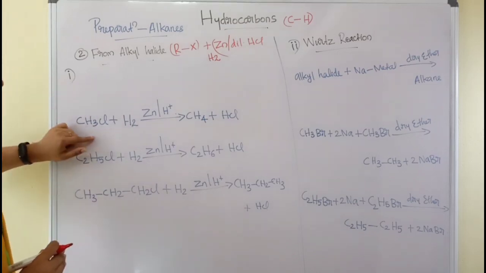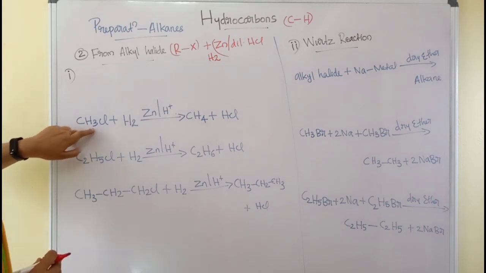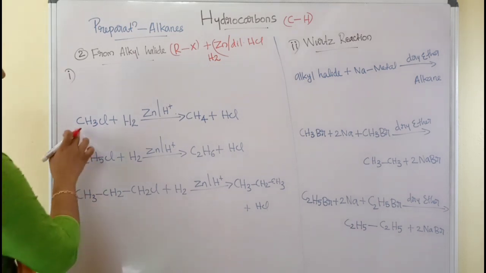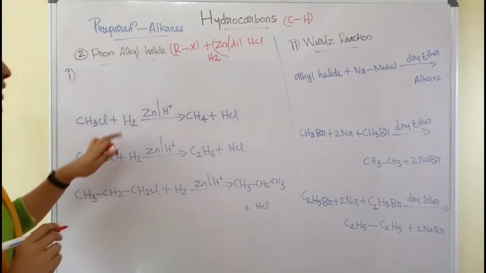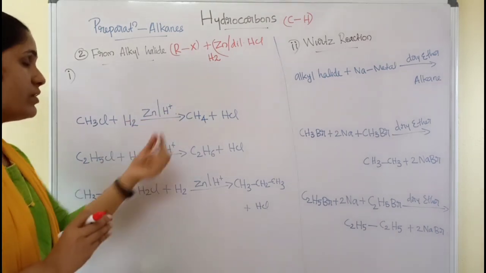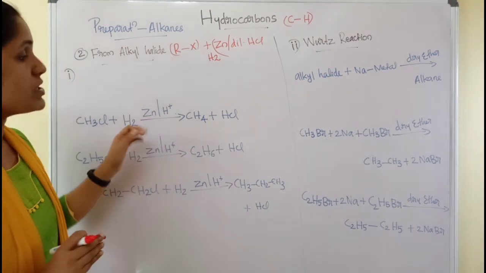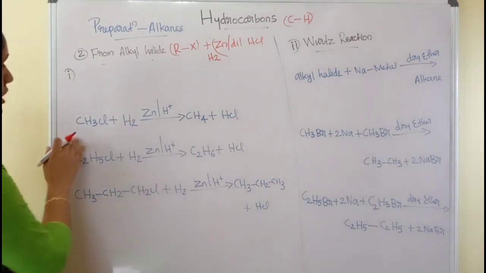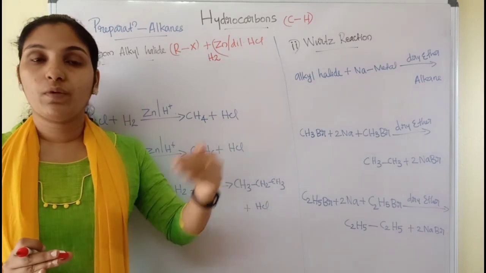So here we have taken CH3Cl. This is an alkyl halide. This is chloromethane, or methyl chloride, we can say. So this methyl chloride on addition of dihydrogen in presence of zinc and HCl, where we have just represented H plus from this HCl, we will get the corresponding alkane.